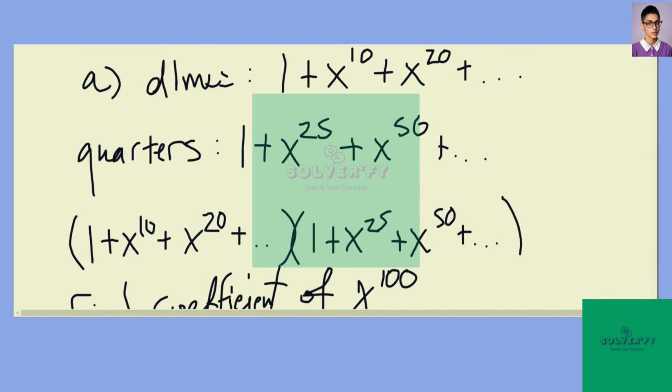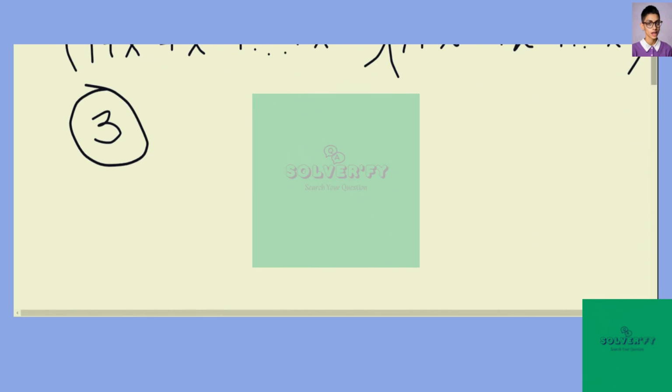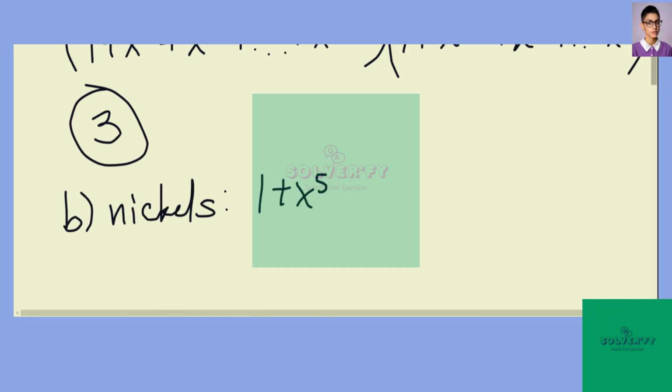In part B, we're asked to make change using nickels, dimes, and quarters. So now we have the same generating functions for dimes and quarters, but for nickels, this is going to include all powers of x divisible by 5. So this is 1 plus x to the 5th plus x to the 10th, and so on.